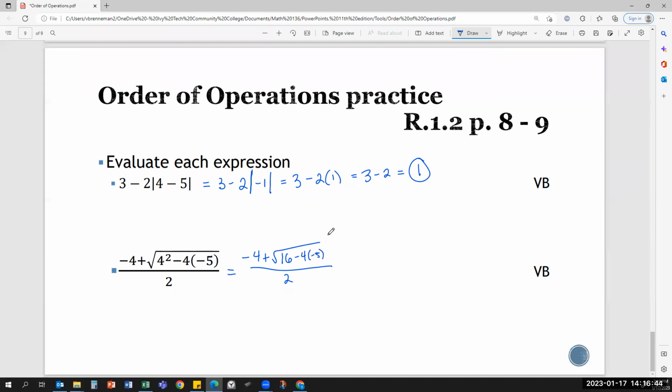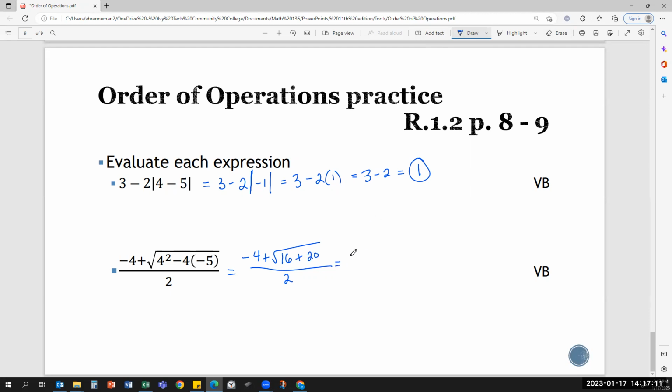Since both the exponent and the multiplication are above the addition and subtraction, and they're not interacting with each other directly, I can do them both in the same step. So -4 times -5 is +20.